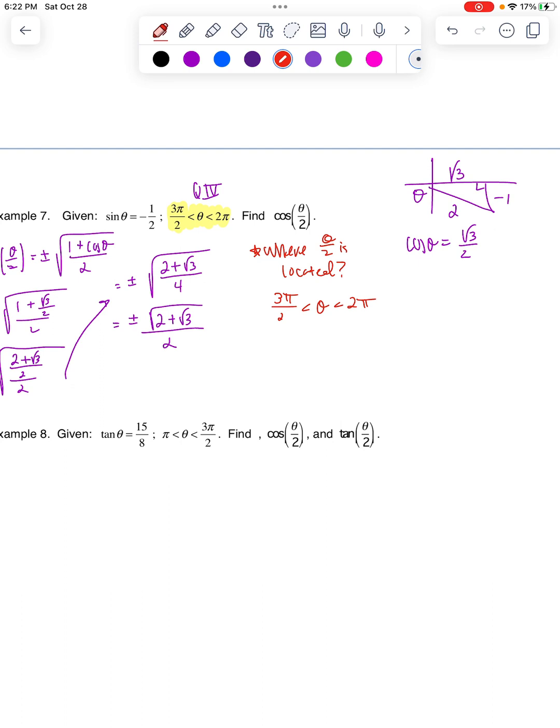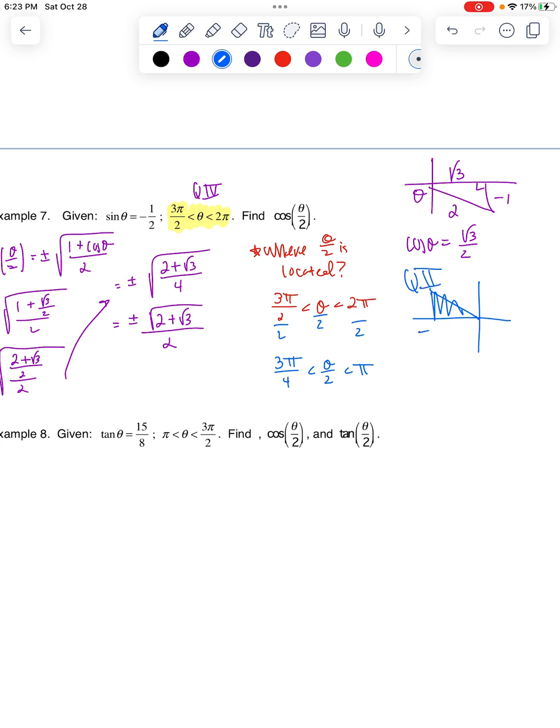And if we're just trying to find where our half angle is located, I'm going to divide all these by 2. So our half angle is really located in between 3 pi over 4 and pi. And that is somewhere in our second quadrant.